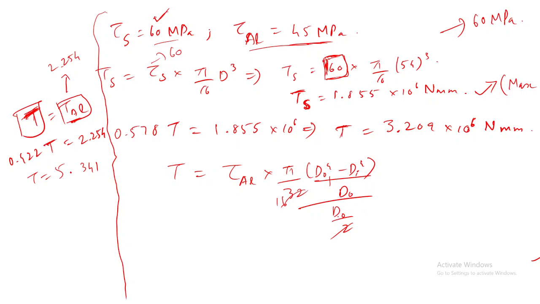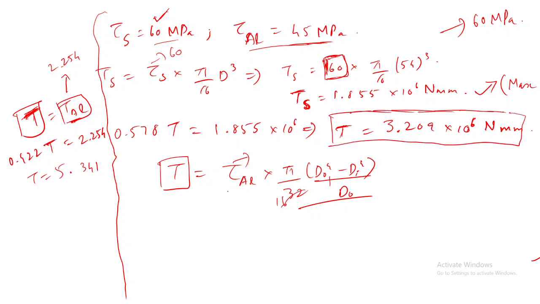When you substitute the torque as 3.209 into 10 to the power of 6 and find tau aluminum, it should be less than 45 megapascal, then your answer is correct. Otherwise you have to proceed in the reverse direction.